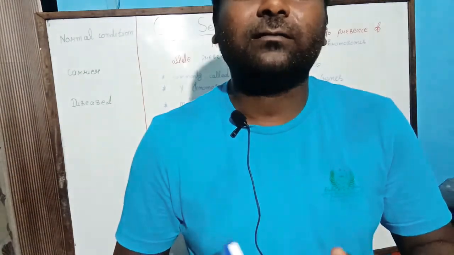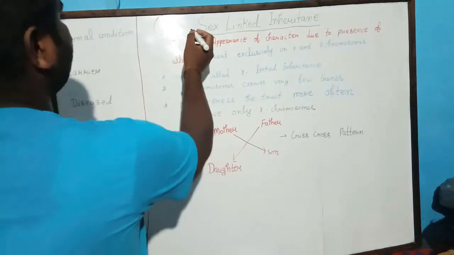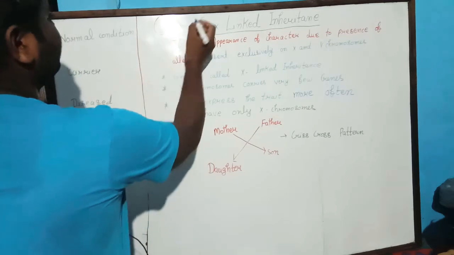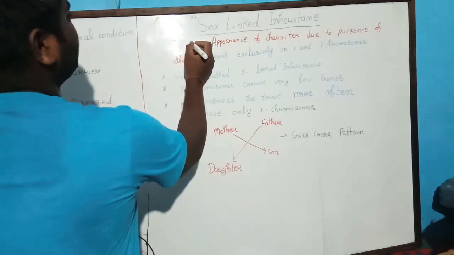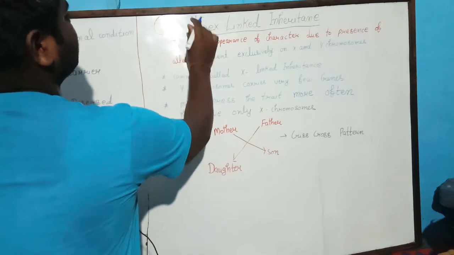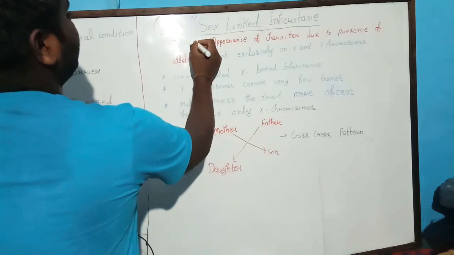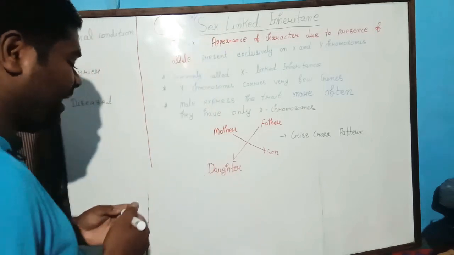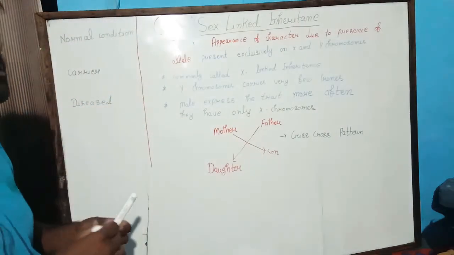Now you are aware of this concept. So as we all know, in case of the male we have XY, and in case of the females we have XX. So that is sex chromosomes.